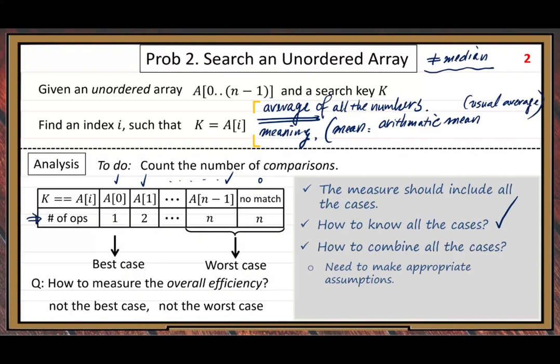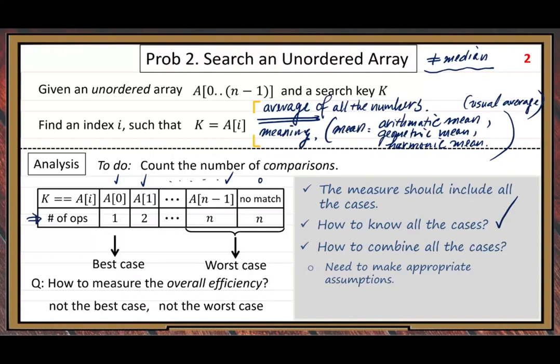But there are other means, such as the geometric mean, and another one rarely used, the harmonic mean, and so on. We can even have other means. They are rarely used, but people can define different means.